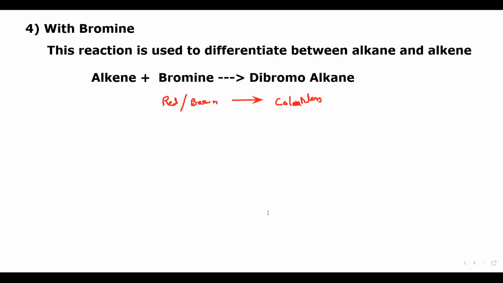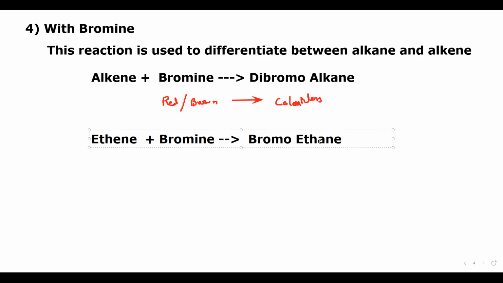But how do we complete a product for this reaction? For example, if we have ethene plus bromine, the result will be dibromoethane. And the difference here, because bromine is Br2, means 2 bromine will be there, that's why the term di means 2.